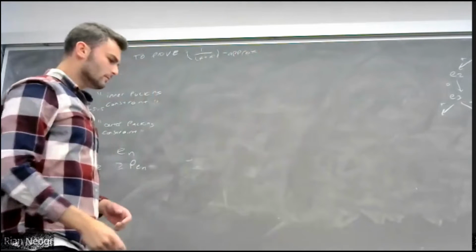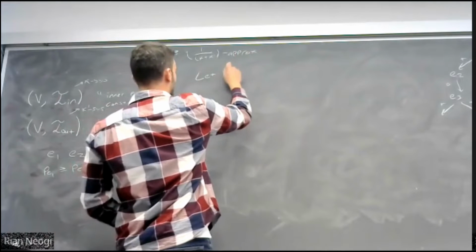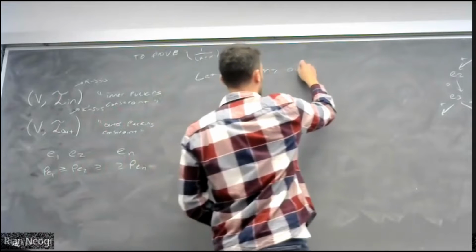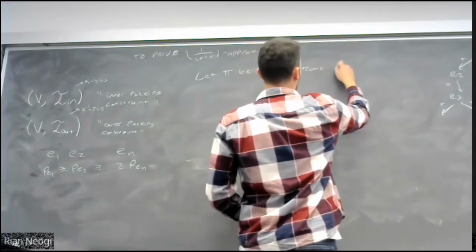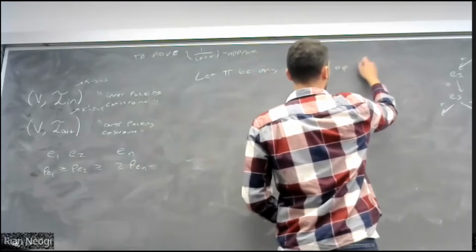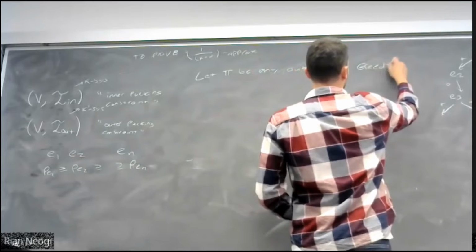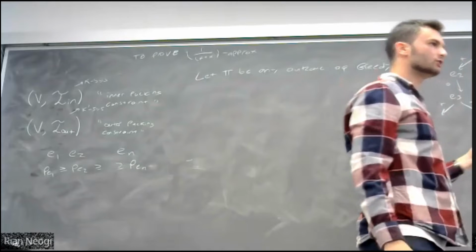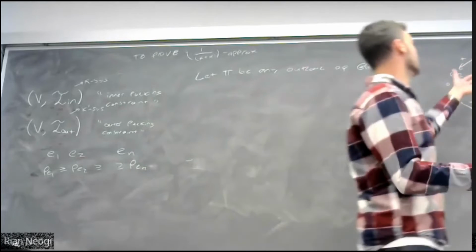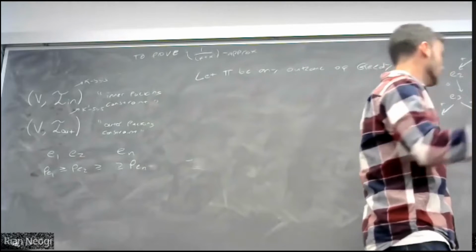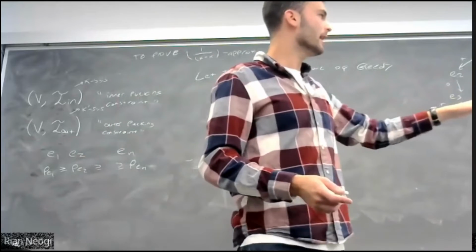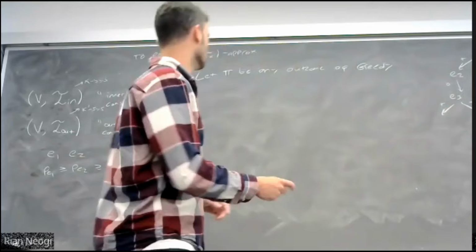All right, so let's let pi be any outcome of the greedy algorithm. So pi corresponds to just some path down this decision tree, or not even decision tree, but just activation tree. And pi is any outcome, and we're going to define a dual solution as follows.